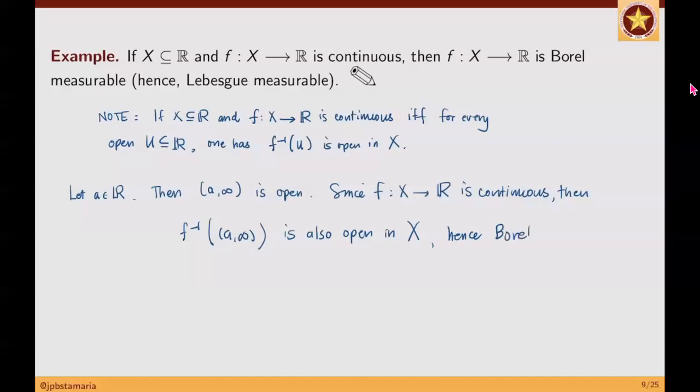Kasi lahat ng open sets ay Borel sets. In fact, ang mga open sets ang bumubuo sa Borel sets. Borel sets are combinations of open sets using countable unions, intersection, complements, etc. Mga set operations na yan. Therefore, because this is true, we can now conclude that F is Borel measurable.